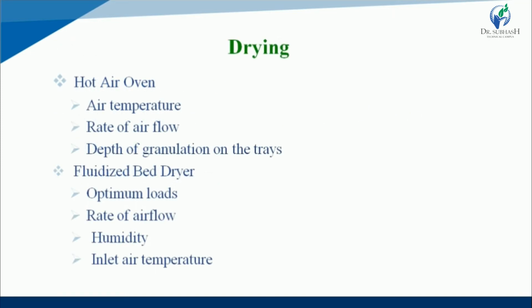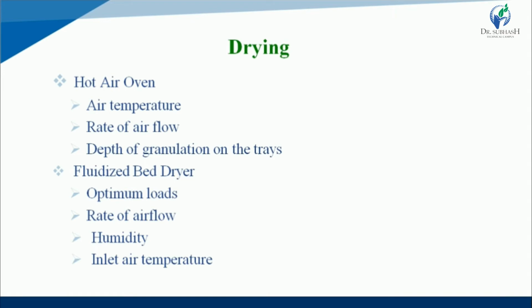Next one is drying. For drying purpose, a hot air oven is used. In a hot air oven, most widely 60 degrees centigrade temperature is required for drying of granules. In a hot air oven, maintain the air temperature, rate of airflow, and depth of granulation on the tray. The second equipment for drying is the fluidized bed dryer.